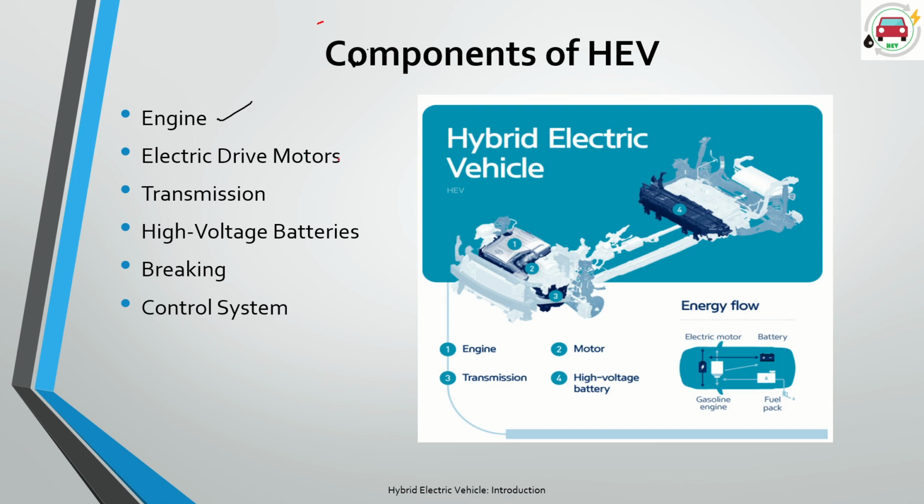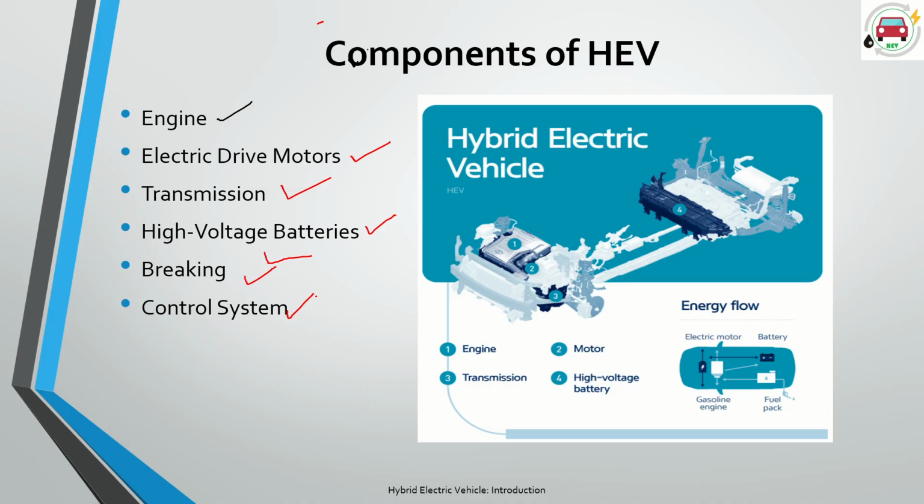Right? So here we are having the electric drive motors, transmission, then high voltage batteries as a storage unit, then the braking system, that is a regenerative braking system, okay, and the control system.